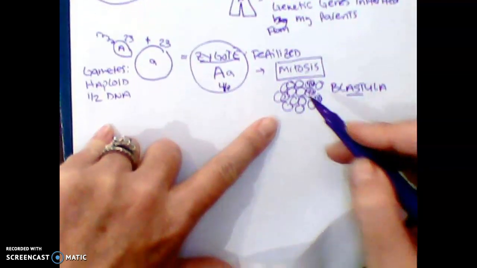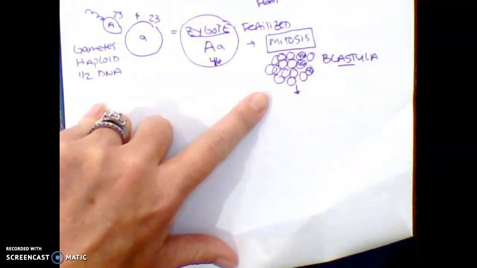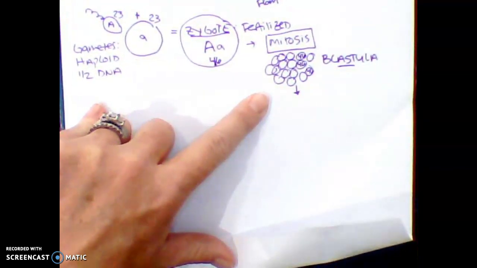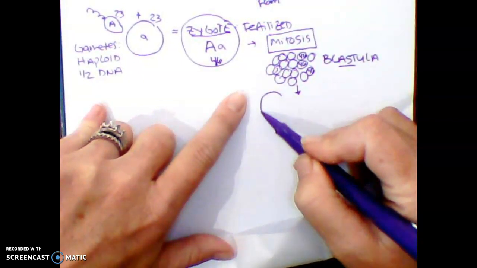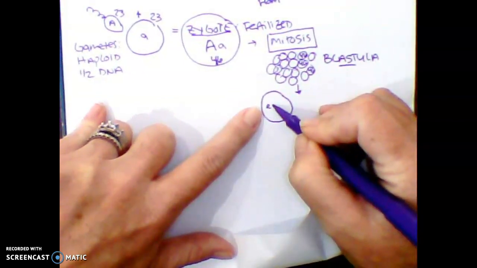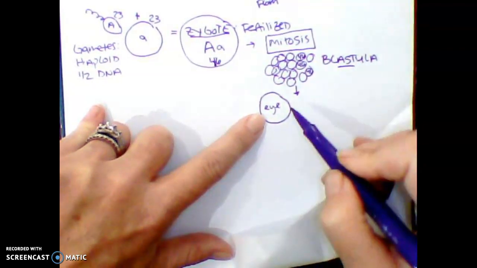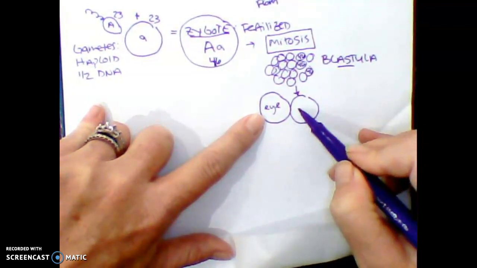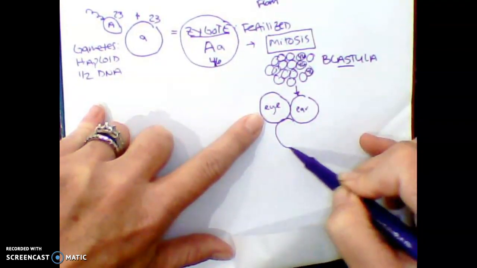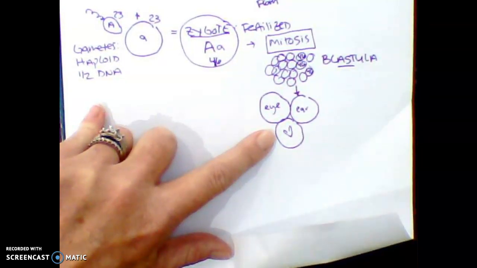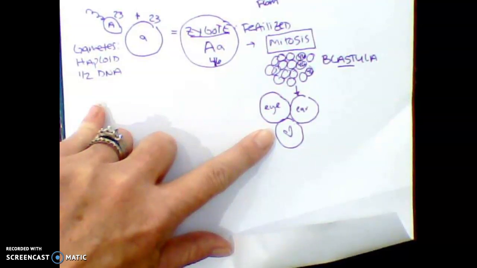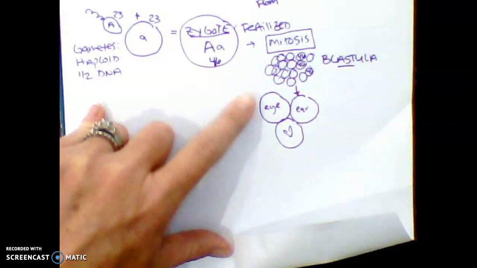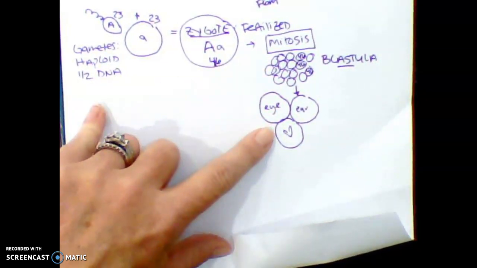Okay? Eventually, this blastula is going to start to differentiate, which means that a section of cells is going to start to make your eye, and then another section of the cells is going to start to make your ear, and then another section of the cells is going to start to make your heart. And I believe the neuron is one of the first specialized cells that the blastula actually ends up making.